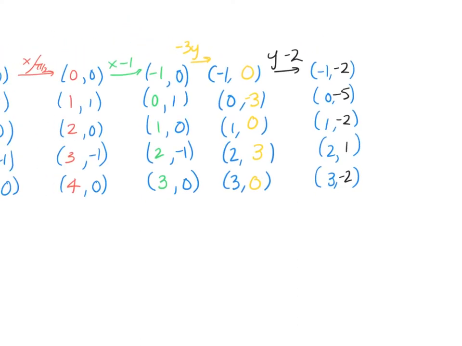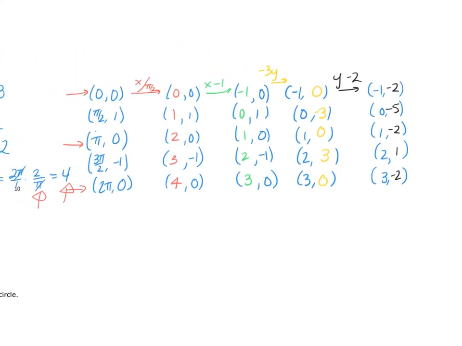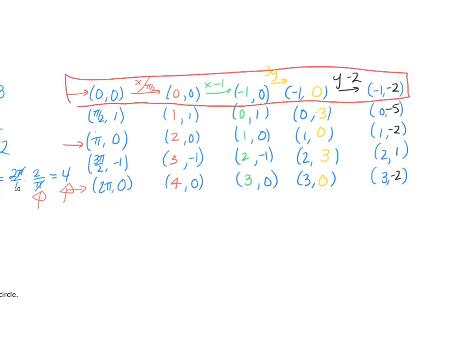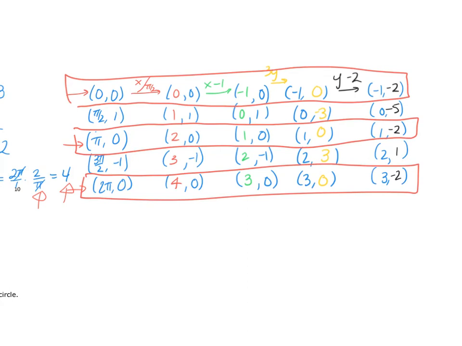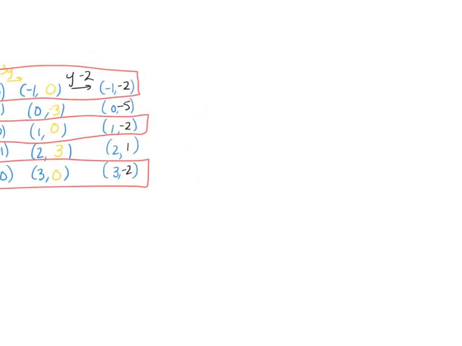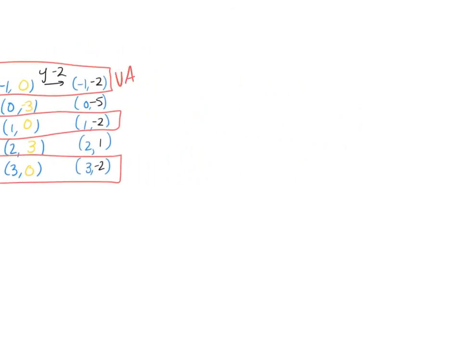Now remember, going back to the very beginning, this represents where my vertical asymptote is. This represents where my vertical asymptote is. And this represents where my vertical asymptote is. Those three places are where my vertical asymptote has moved to. So on my graph, these are vertical asymptotes.